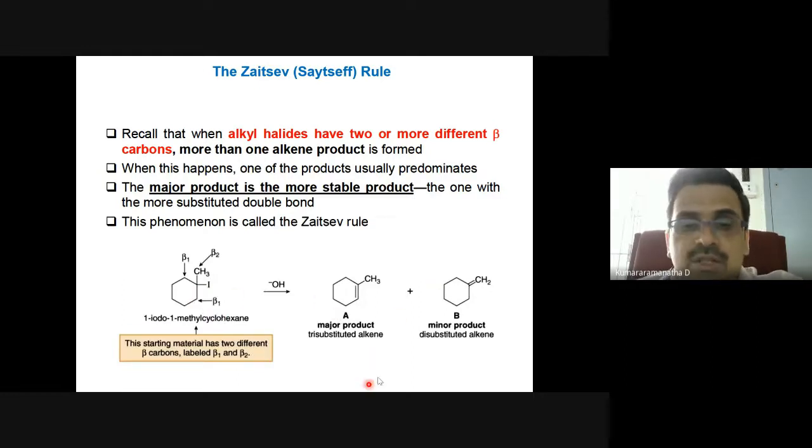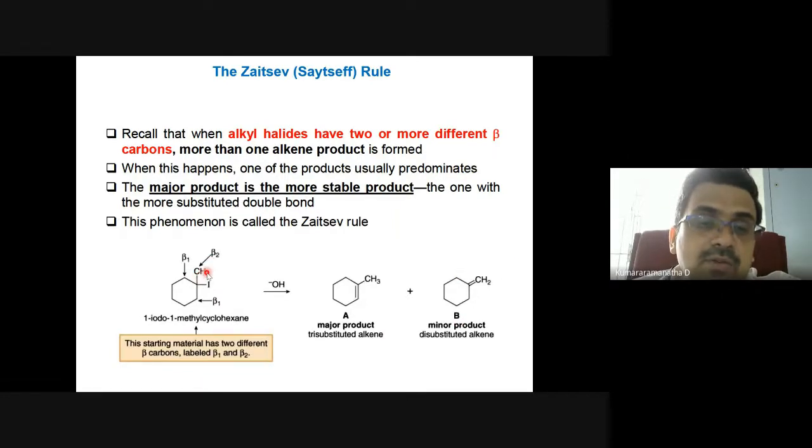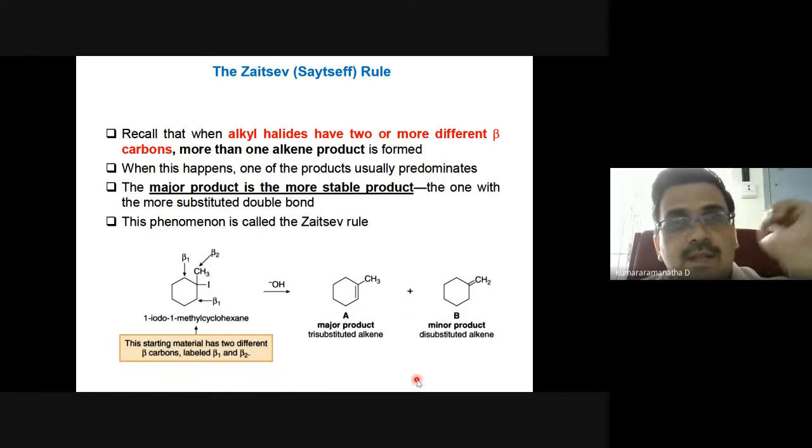So you start getting a tri-substituted alkene as compared to a di-substituted alkene. One hydrogen can go from this methyl group along with the iodine, but this will be a minor product as compared to a major product like this. So these are the outcomes of the Zaitsev rule.